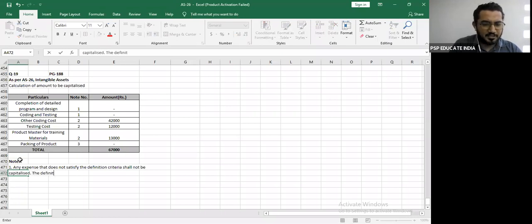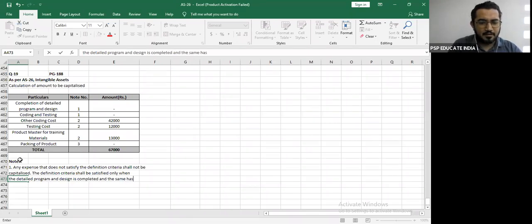The definition criteria shall be satisfied only when the detailed program and design is completed and the same has been tested.